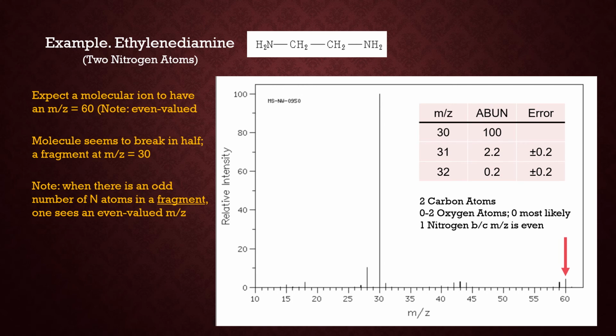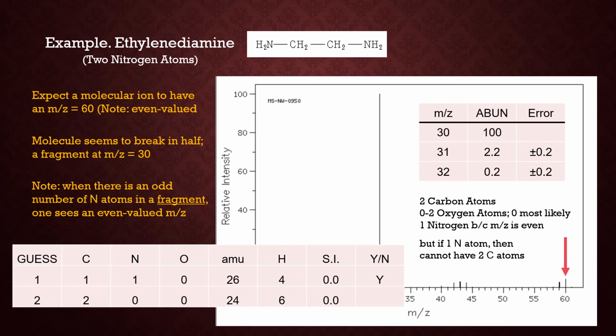So that fragment has to be comprised of a single carbon and a single nitrogen, right? That in turn gives me, for my guesses, a 1 carbon, 1 nitrogen combination, saturation index of 0, which looks good. And if I try the 2 carbon scenario, it doesn't look bad.